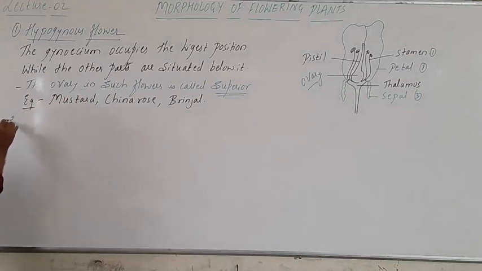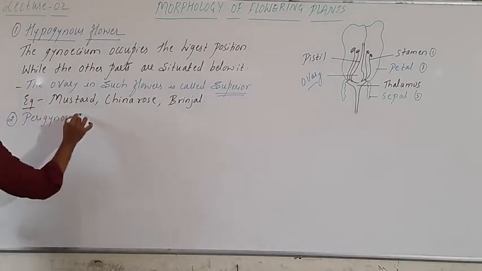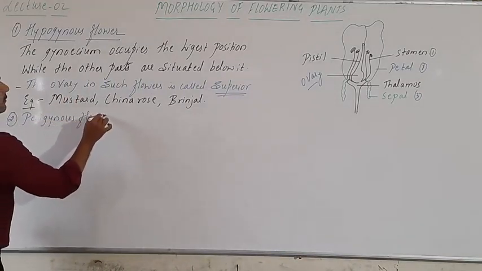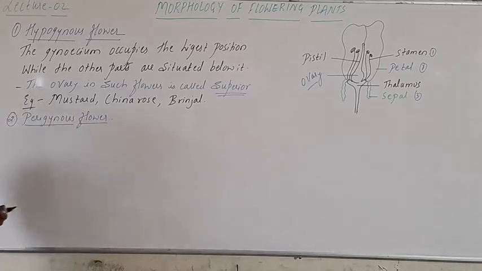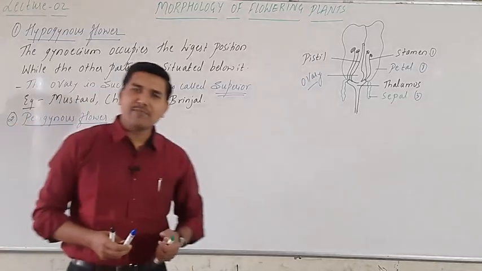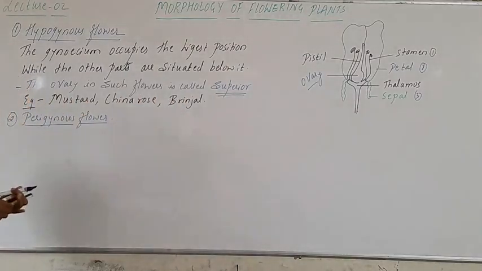The second one is Perigonus flower. So Perigonus flower. Here Perigonus meaning half. So peri meaning half. So what is half here? Let's look at the statement.